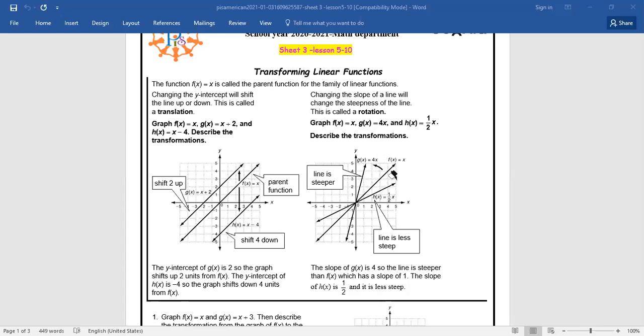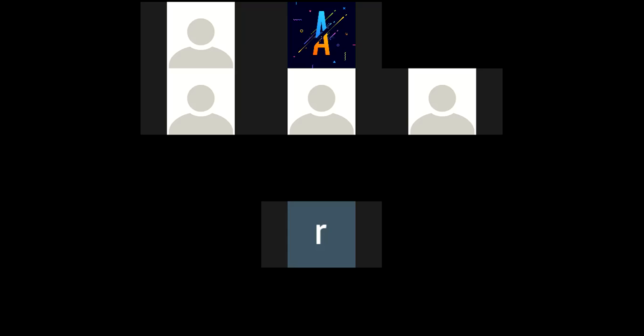If you know the answer, please raise your hand. If the y-intercept is positive, the line will shift up. If the y-intercept is negative, the line will shift down.